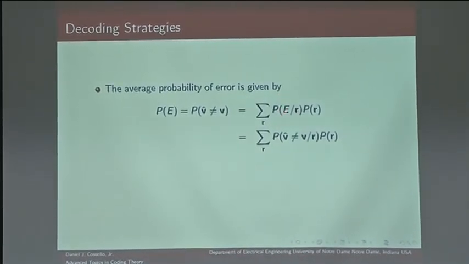This is the conditional probability of error given that we receive one of those sequences R, in our little example one of 64 possible receive sequences, times the probability that we receive that sequence, and we sum that over all R. So this is the joint probability that we receive R and we make an error, summed over all R. Now, given R, the probability that we make an error is simply the probability that the estimate we have assigned to the receive sequence R is not the correct code word.